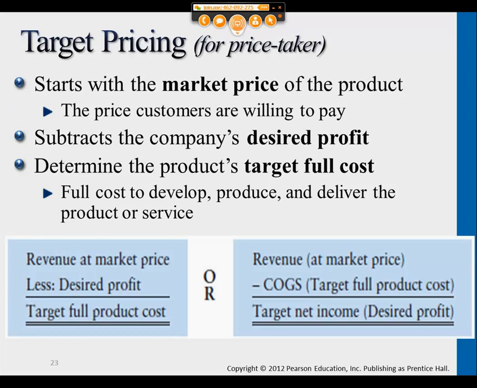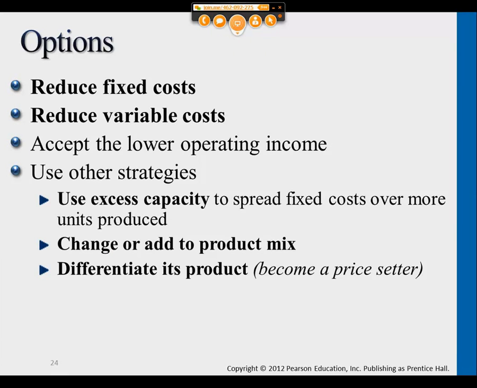So what we're really doing here is trying to play with these two lines. We're trying to understand how we can get to that price so that we're still making our profit. So we'll accept maybe lower operating income, or maybe we'll use other strategies.